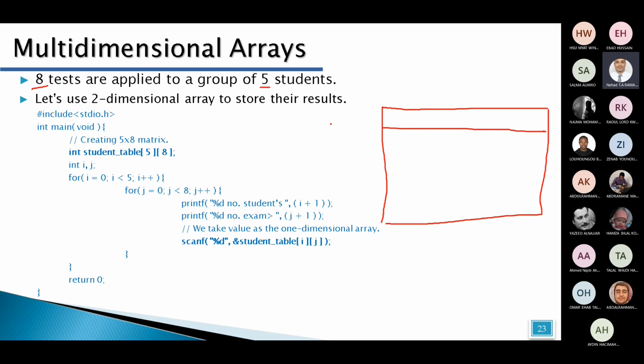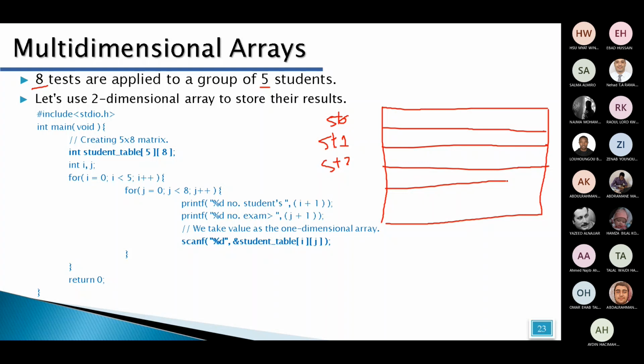So we can set this one student 0, this one student 1, this is student 2, student 3, and student 4. So we have 5 students.